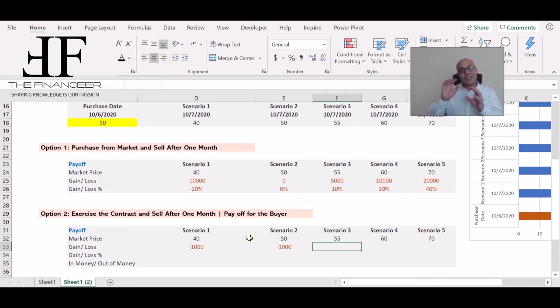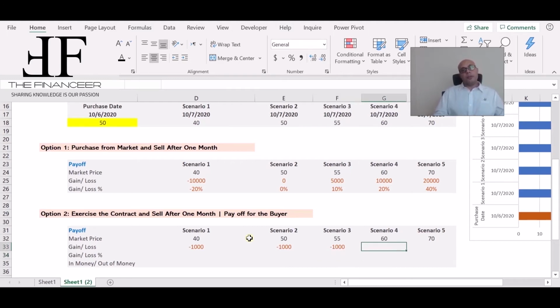So this $1,000 is also considered a loss. Now the market price equals the exercise price, so it was much better not to enter this contract because you lost $1,000 in the beginning. These will be my same losses.